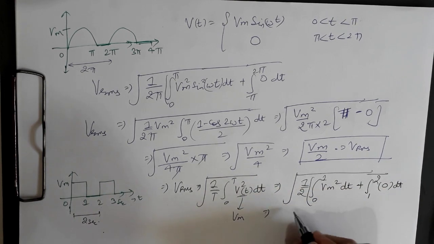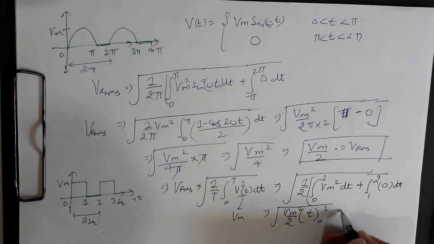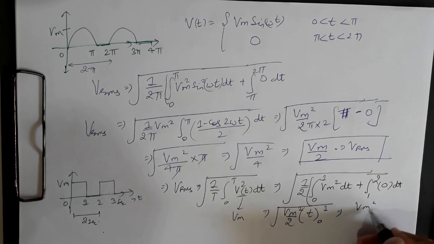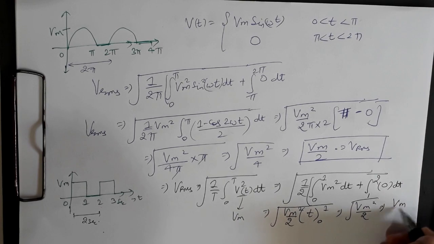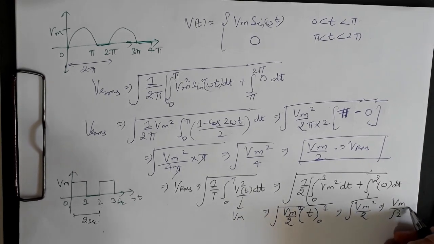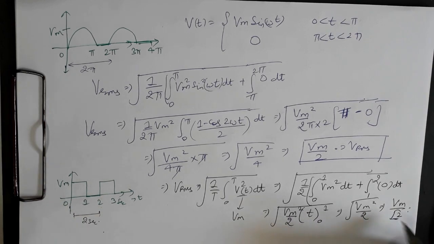Now solving it, this comes out to be Vm square upon 2 under the root, that is Vm upon root 2. So friends, Vrms of this square waveform is Vm upon root 2.